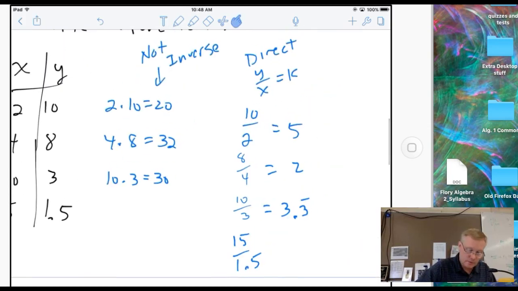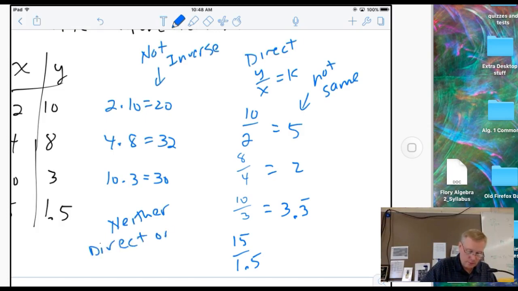So that's not direct variation either, because these numbers are not all the same. They all have to be the same. Therefore, it's neither direct or inverse. Since it's neither direct or inverse, I can't come up with a model for it.